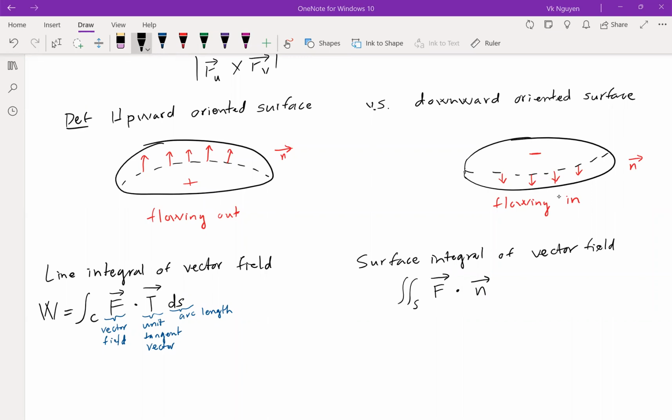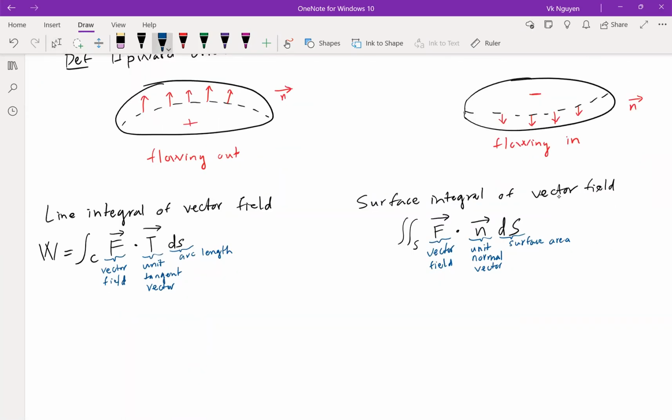And you can guess the last one, dS. Then the surface integral is the flux, and I'm going to explain what flux means after we get through the formula.